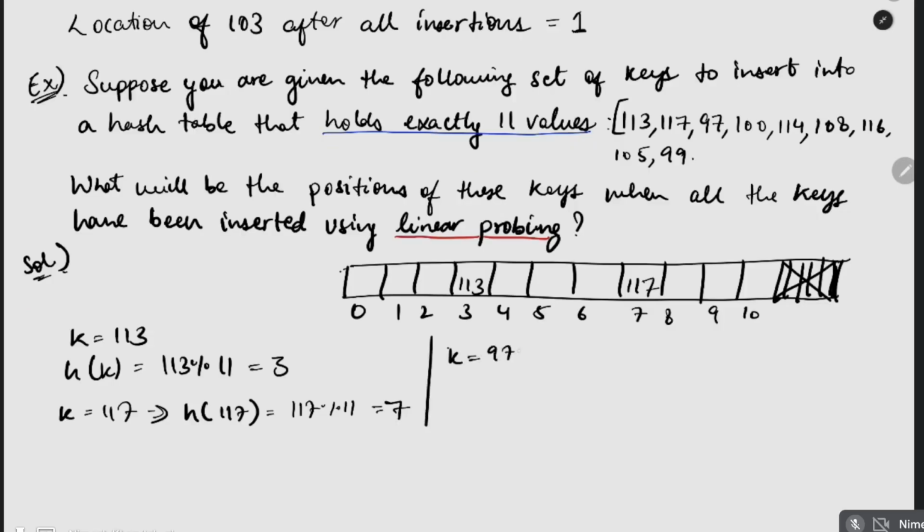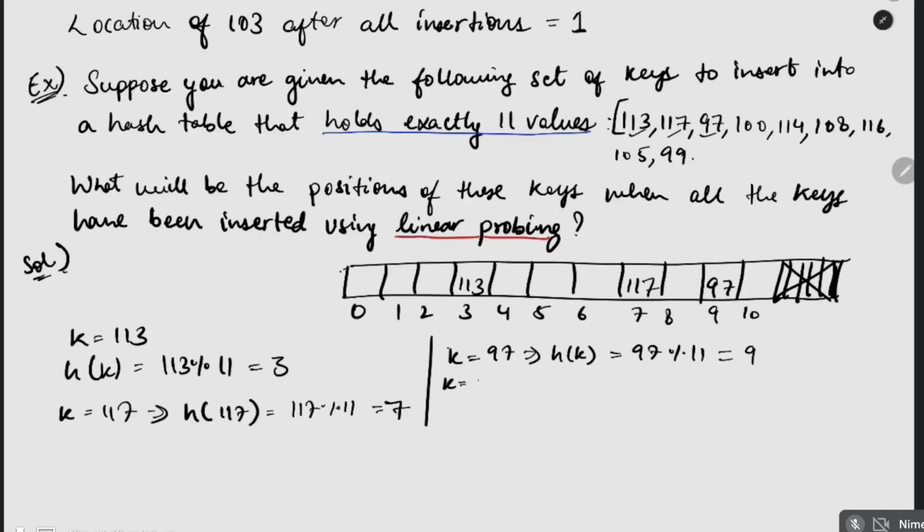For k equal to 97, h of k is 97 mod 11, and that is 9. Right, 97.